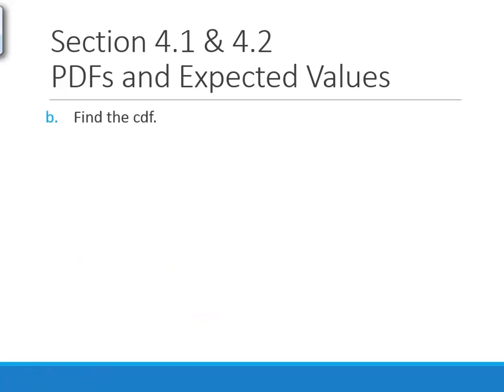So again, let's practice going from the PDF to the CDF. For x between 3 and 5, the CDF, capital F of x, is the probability that our random variable x is less than or equal to some number lowercase x.